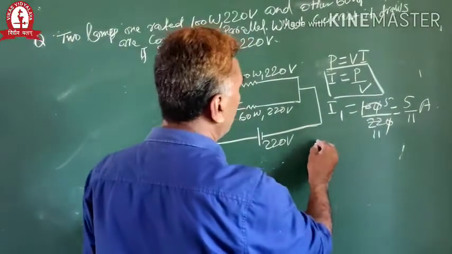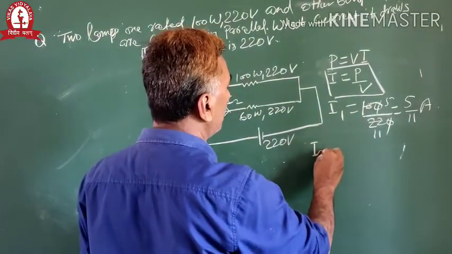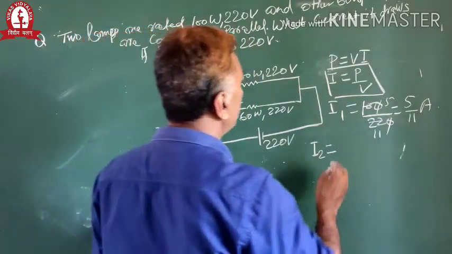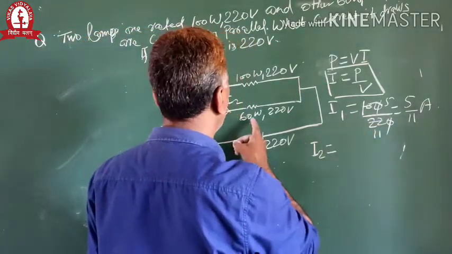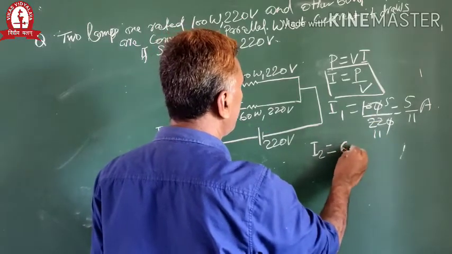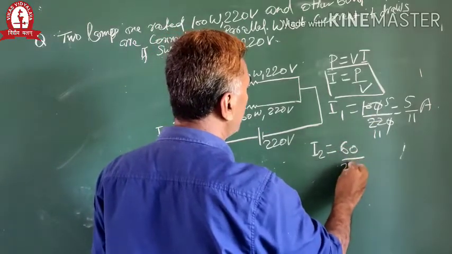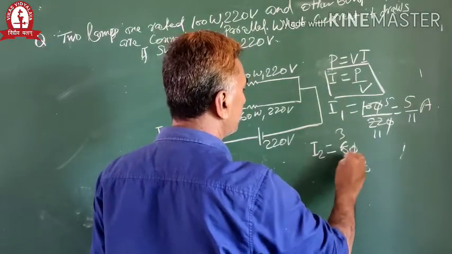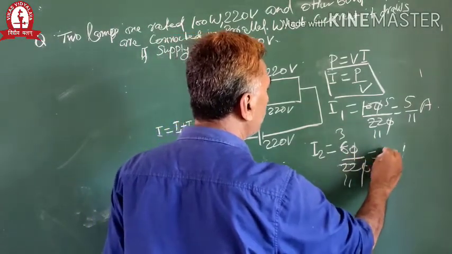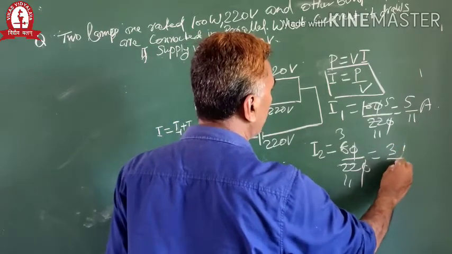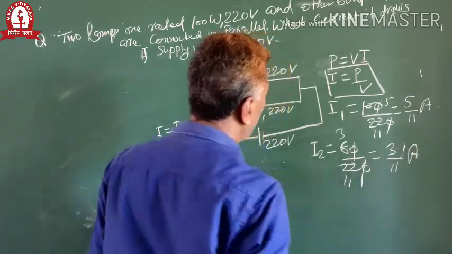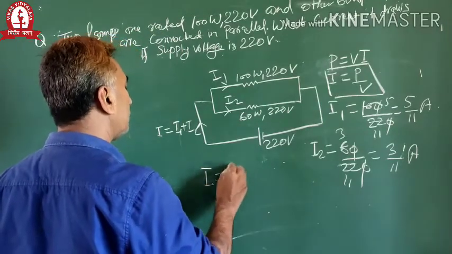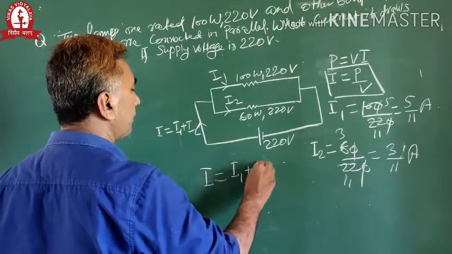And what about I2? I2 is equal to, for this, power 60 upon 220. Simplify this. This is equal to 3 upon 11 ampere. Now you know that I is equal to I1 plus I2.